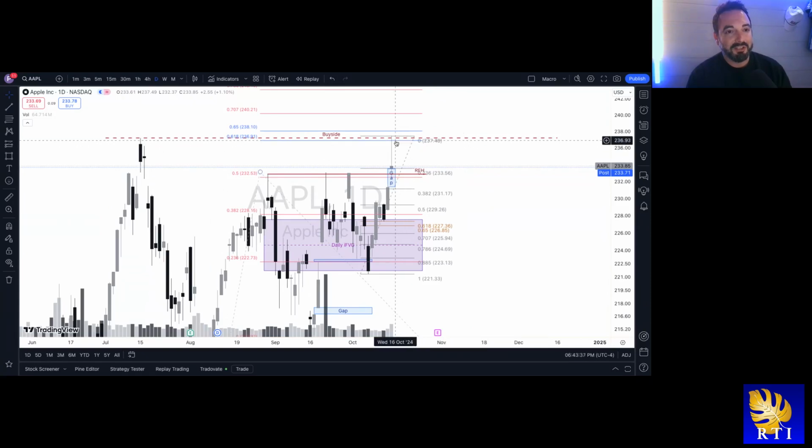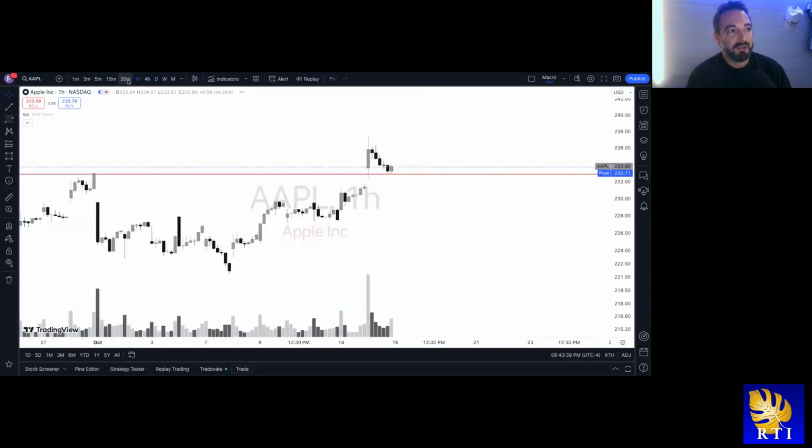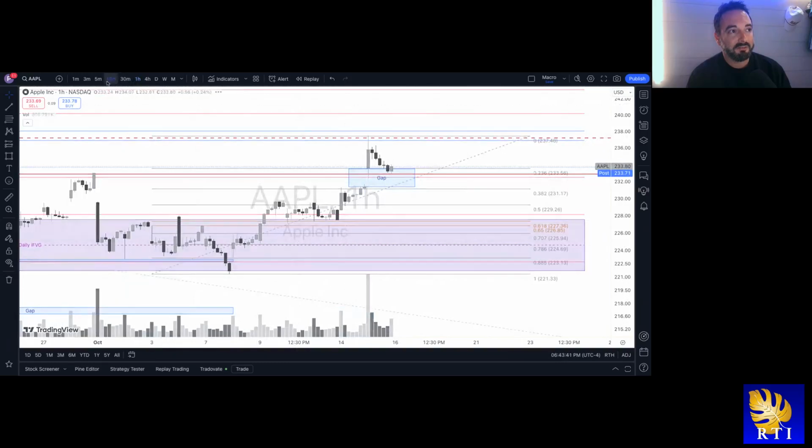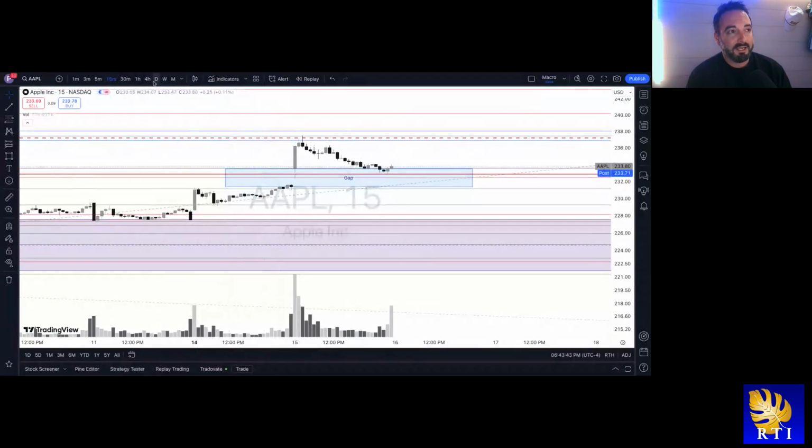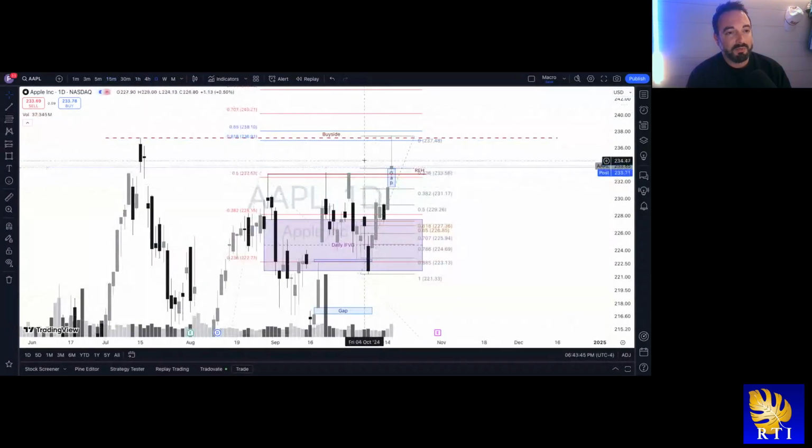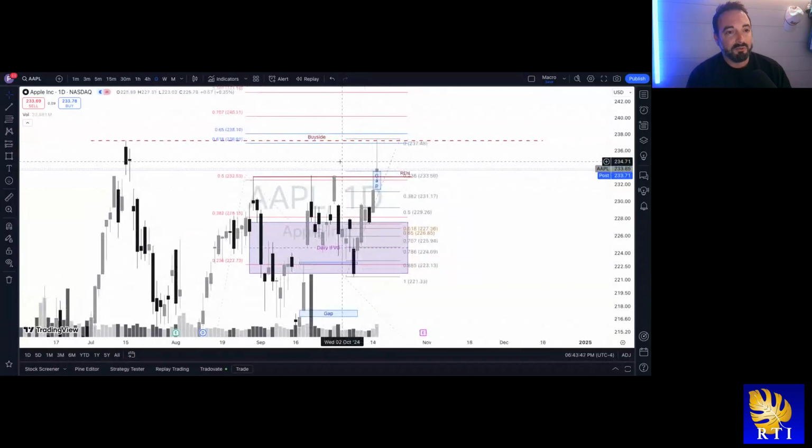So when I saw this morning that we made it up here, I looked at the reaction and I also saw that we gapped up. So I liked the risk reward of jumping into puts, and I ended up closing out at, they reached 77%, I ended up closing out at 70%. And I had next week, so I gave myself some time.